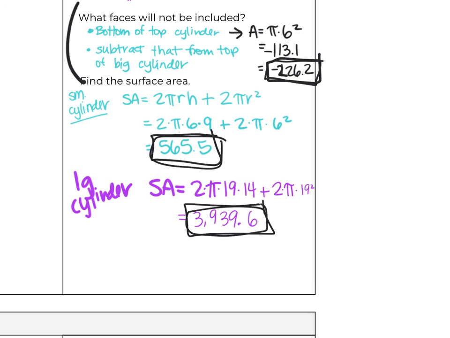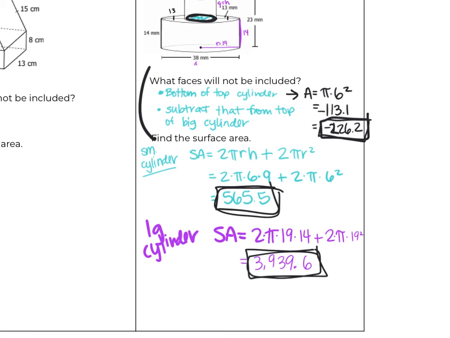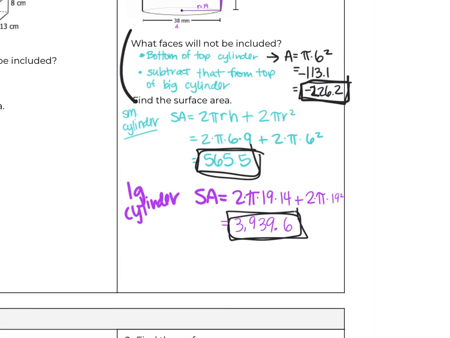Okay, when you are done, I want you just to raise your hand and I will check your answer and give you your homework. You have the 7.2 homework and homework check today. Okay, if anyone did not get done, you have to combine the negative 226.2. I did see a couple people leave that positive or didn't click minus.